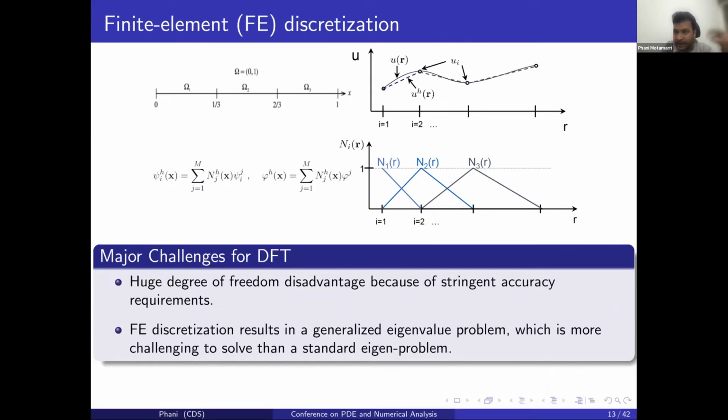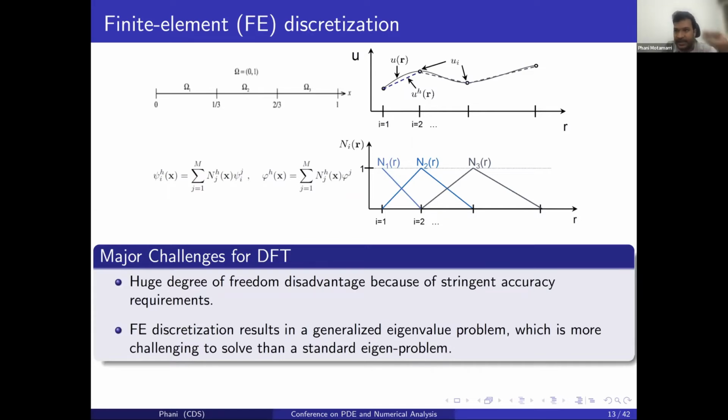But the problem is, though finite elements have been routinely popular in many areas of science and engineering, they have not gained prominence in solving these quantum mechanical equations. The main reason is, unlike other areas, here you are interested in computing material properties which have to be very, very accurate.